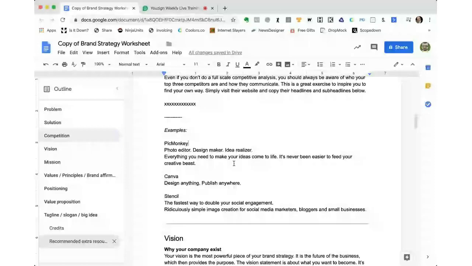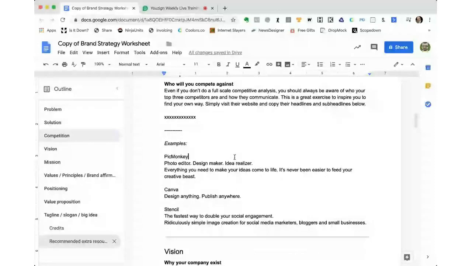So it's very important for me to pay very careful attention to my competitor. Who am I going to compete with? Because competing validates my market and it helps me to understand how they're communicating. And then it also helps you to define your own way.